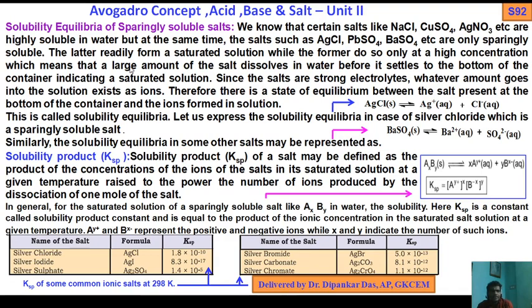Since the salts are strong electrolytes, whatever amount goes into the solution exists as ions. Therefore, there is a state of equilibrium between the salt present at the bottom of the container and the ions formed in the solution.